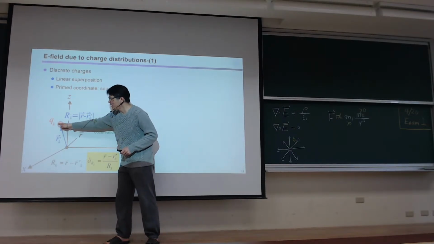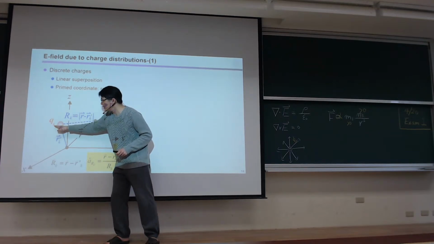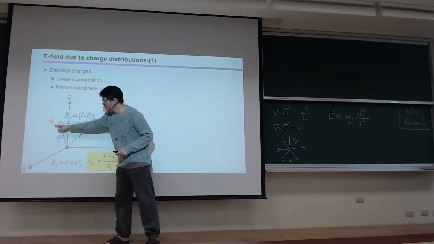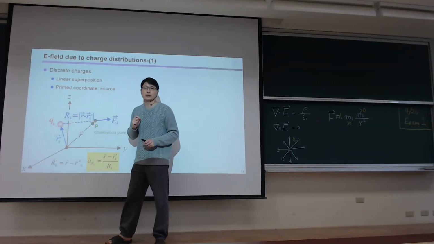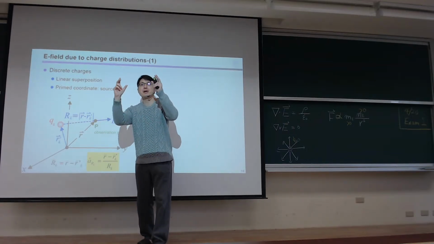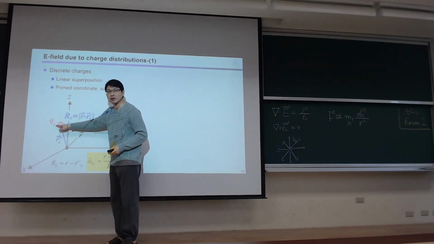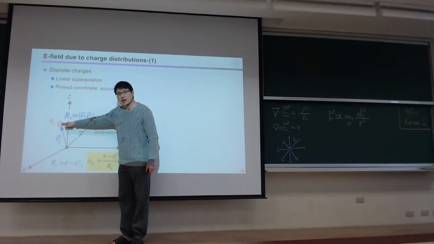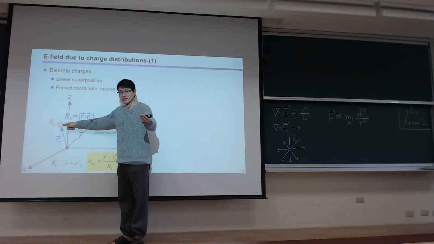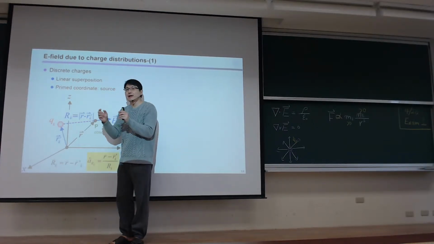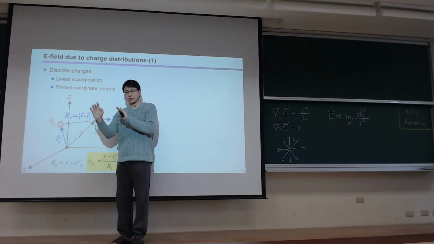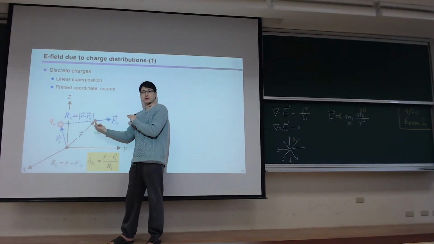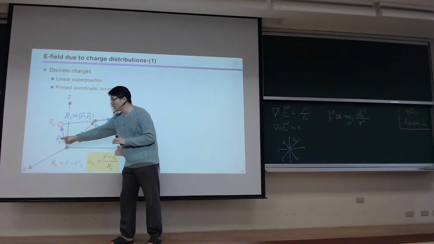On the other hand, I have lots and lots of charges. So Qk means the kth charge, the amount of charge for my kth particle. The charge has its own position in space. Now, to differentiate the charge position from the observation point, I'm using the prime system.